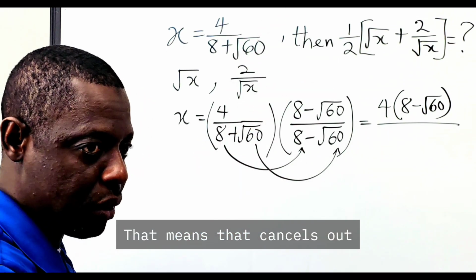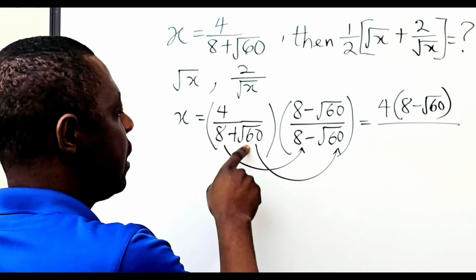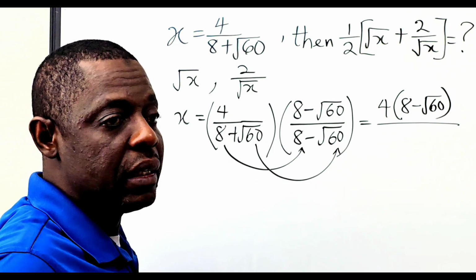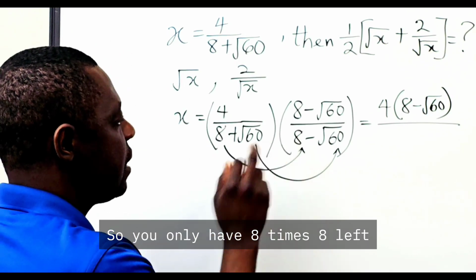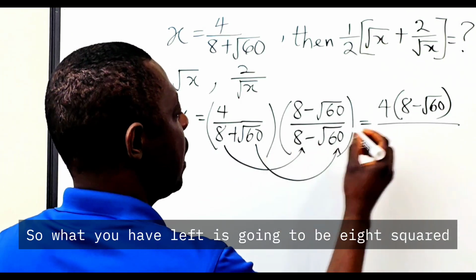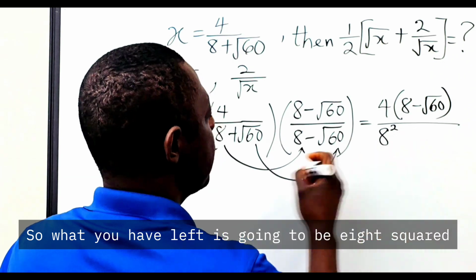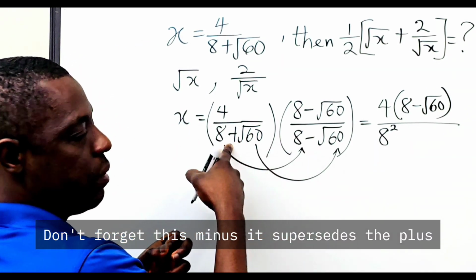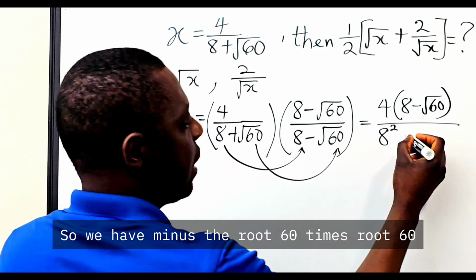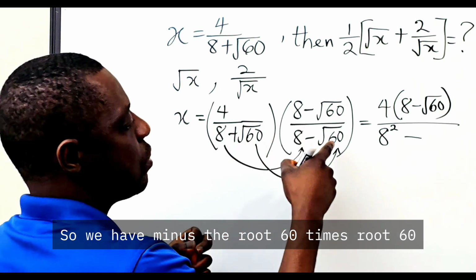That means that cancels out. Then root 60 times minus root 60. So what you have left is going to be 8 squared. Don't forget this minus, it supersedes the plus. So we have minus root 60 times root 60.